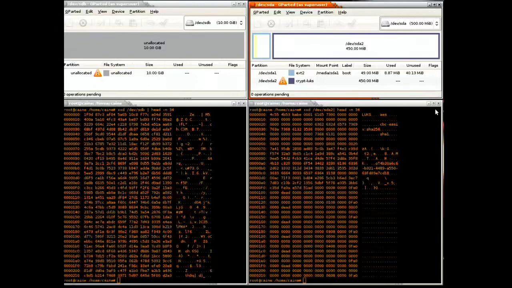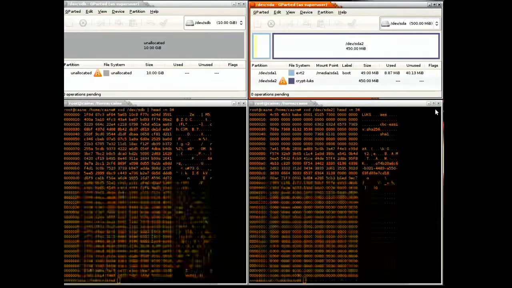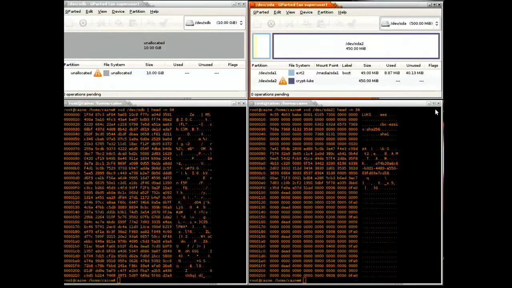To my right is the structure of the USB drive, the ext2 section, and there is no important information in the loader. Its only function is to counter the so-called cold boot attack.